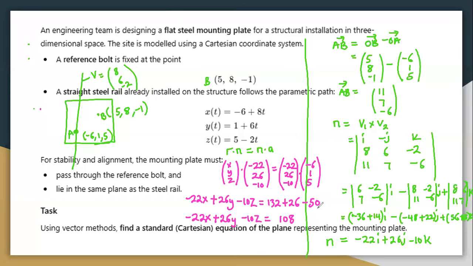Okay. Can this be reduced further? Is there anything that can be reduced? Yeah, we can go by 2. Okay, by 2. Negative 11x plus 13y minus 5z equals to 54.